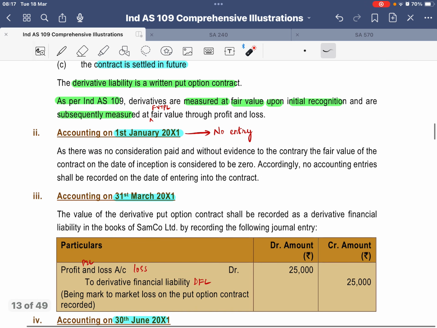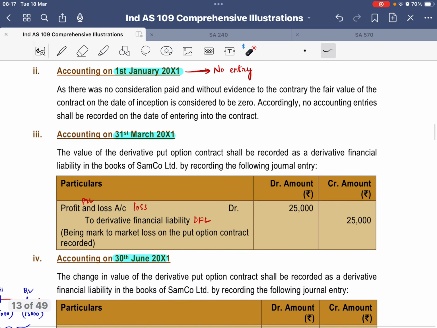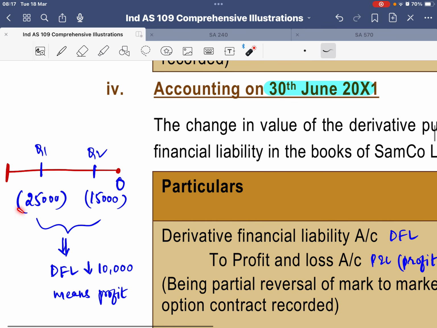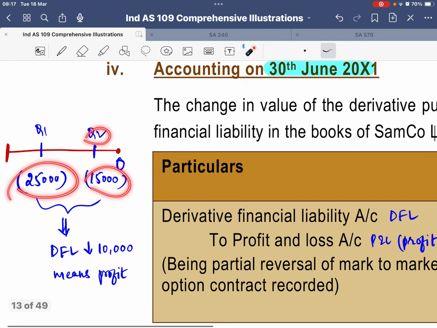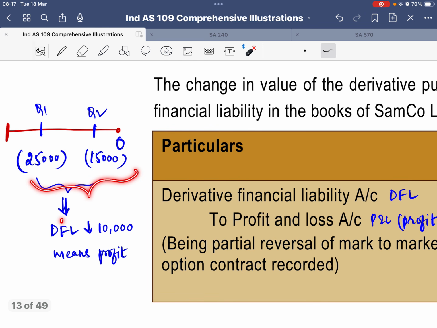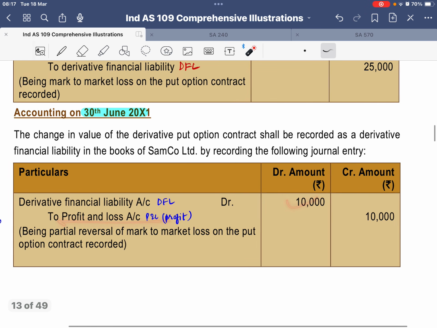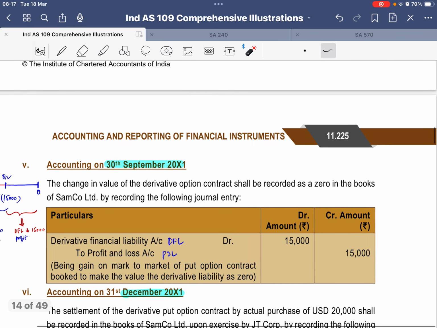On 31st March 20x1, P&L account debit 25,000 to derivative financial liability 25,000. On 30th June 20x1, Q1 it is minus 25,000, Q2 it is minus 15,000. The difference is reduction of 10,000 in DFL, which means profit. Derivative financial liability 10,000 to P&L account 10,000. 30th September 20x1.